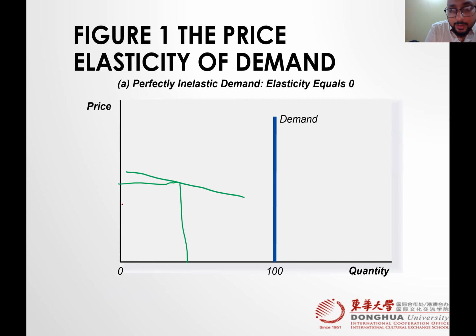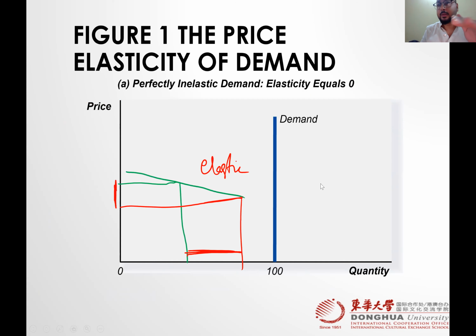You can just roughly find out that a small change causes a visible big change. So this must be elastic. The more the demand curve is horizontal, like the x-axis, the more it is going towards elastic.